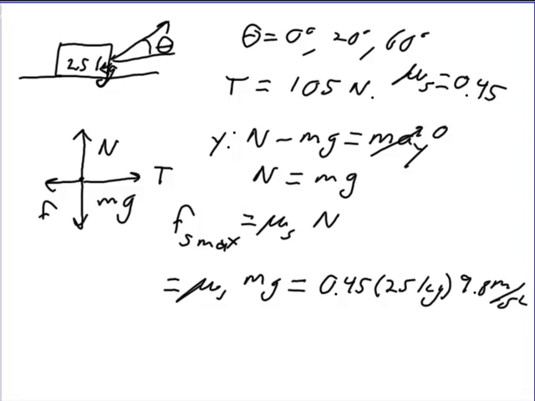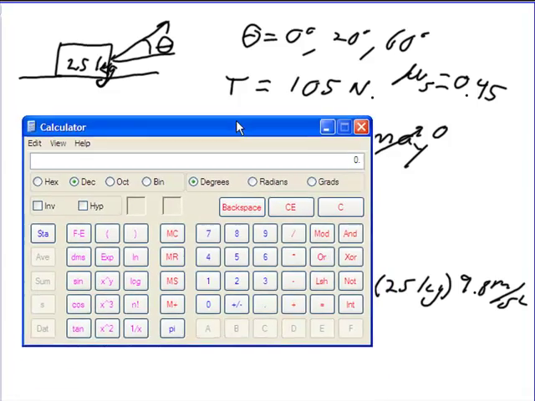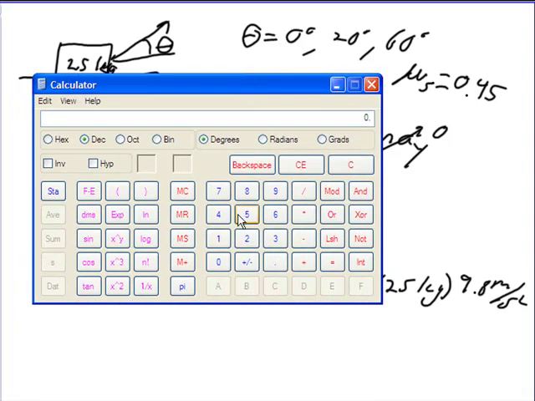Let's pull out a calculator. And I have 0.45 times 9.8 times 25. Aha! That's a force of 110 newtons.